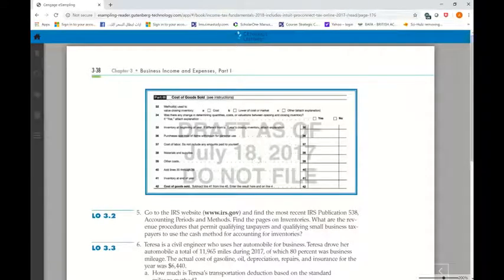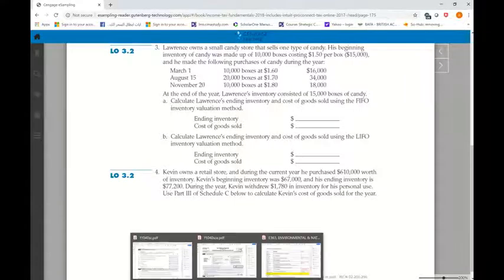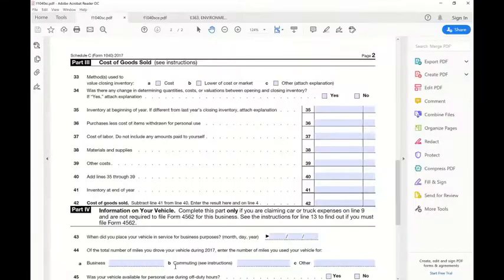And this is mainly the part that we need to fill in, which is part 3. Okay, so returning back to the information that we have for this part, this is mainly Schedule C, and this is the part. So we need inventory at beginning of the year.